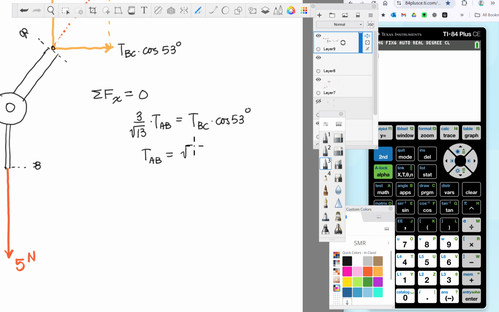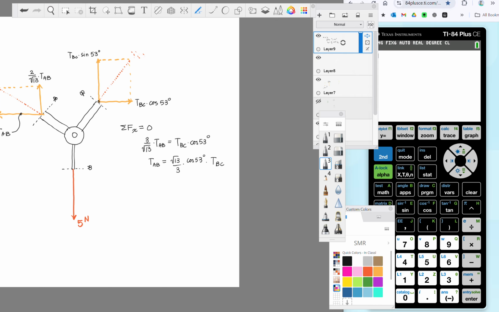On the other side, root 13 over 3 times cosine 53 degrees, all that multiplied by TBC. Let me double check my algebra and make sure I don't make a mistake. Okay, that looks good. I've burned through my first equation of equilibrium, and when you do this, again, please, this is so important: tell us what operation you're doing and then do it.